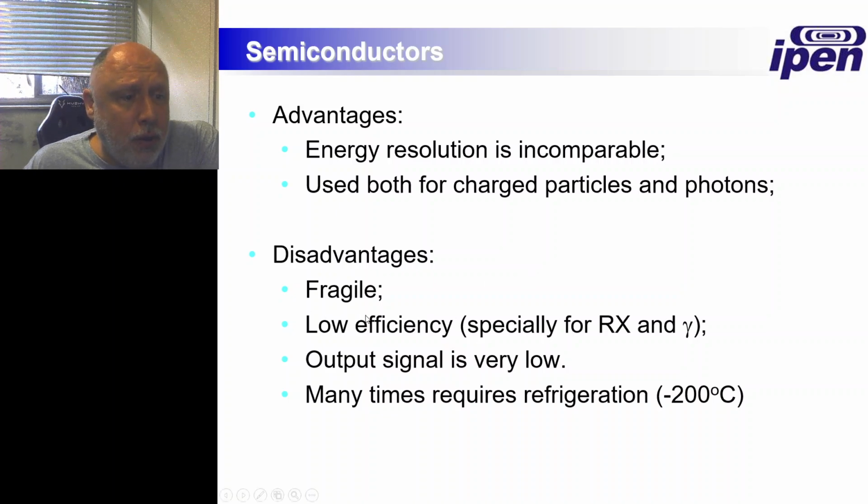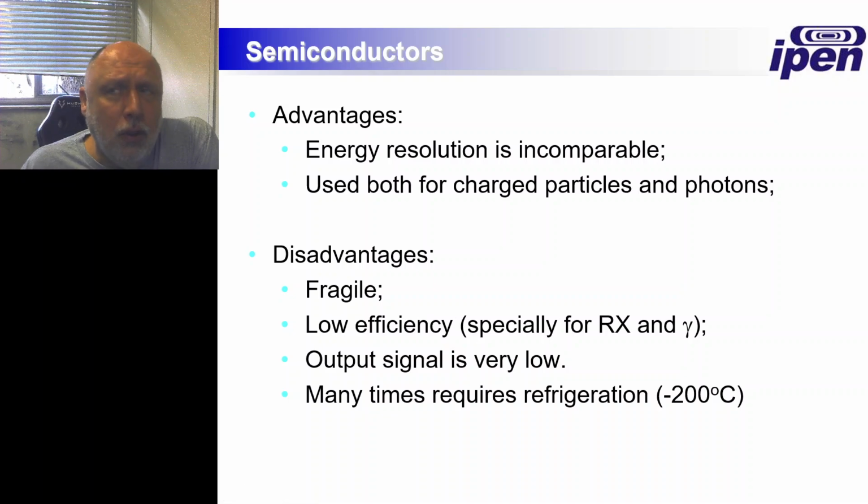The main disadvantage, especially of the inorganic ones, is that they are crystals, meaning they're fragile, right? They have very low efficiency, especially for X-rays and gamma rays. The output signal is very low.